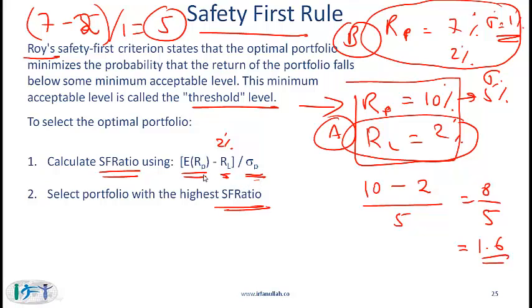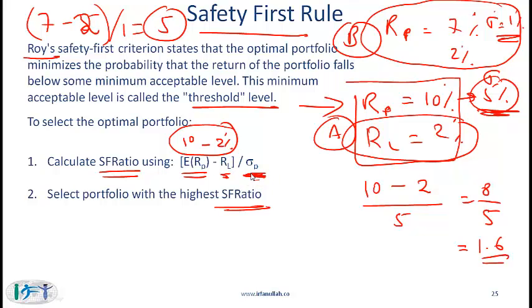So even though portfolio A gives us a large cushion relative to our threshold level, the variance of portfolio A is quite high compared to the variance of portfolio B. Here I'm actually pointing at the standard deviations, but standard deviation and variance are interchangeable. So we need to consider both the cushion above the threshold level and the variance.